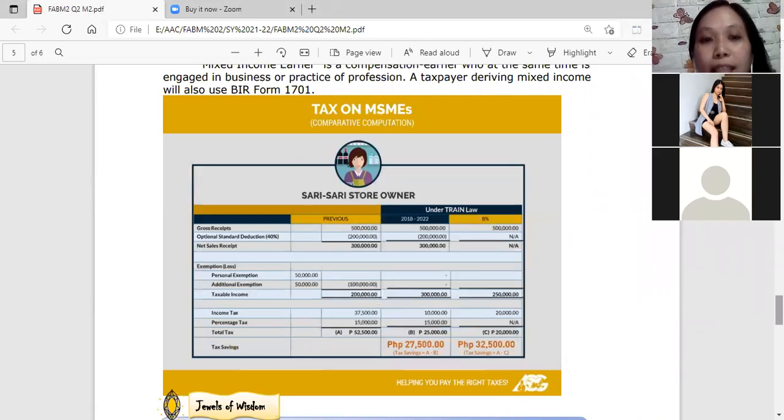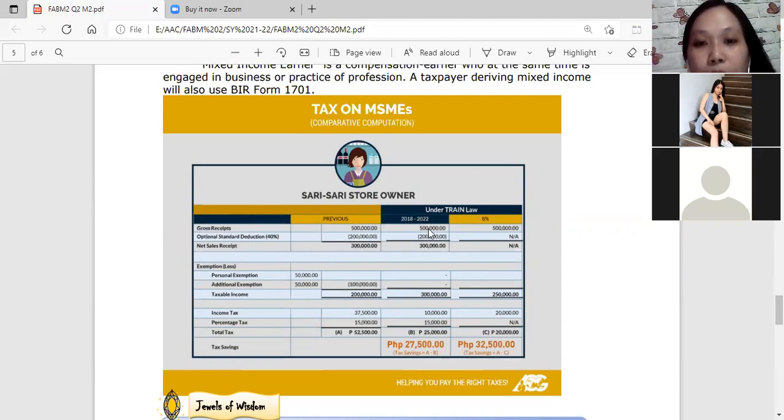Okay, so mixed. The person has an income in both compensation from an employer and also an income from her business. We will not look at the previous one anymore. Let's just go to the second one, katong recent na. You have a choice. You get the gross receipts, total receipts niya, and then the deductions, optional standard deduction of 40%.